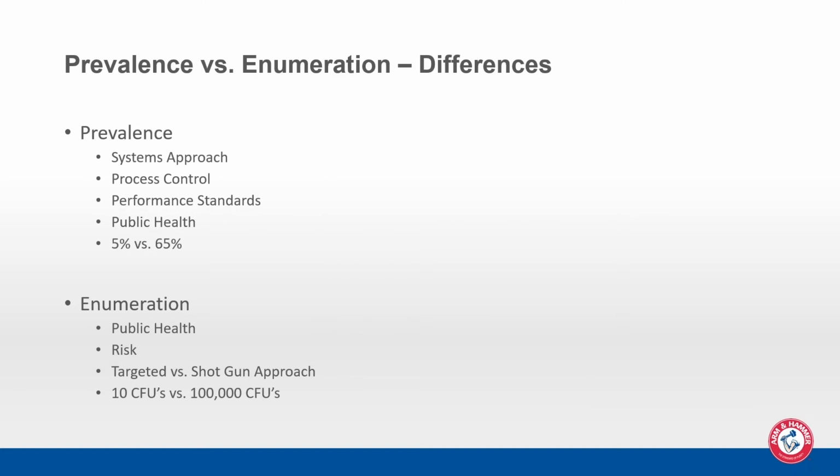If we really want to talk about the differences between the two, here are some bullet points to think about. If you're thinking about prevalence, it's more of a systems type approach, or even under process control. For those two examples, maybe I want to evaluate my interventions.